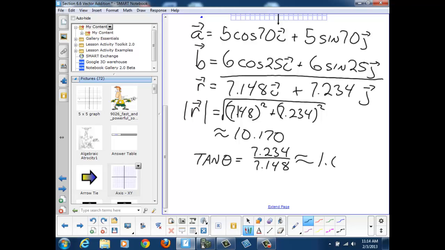And that's 1.012, which means that theta would be the inverse tangent of 1.012, which is approximately equal to 45.344 degrees.